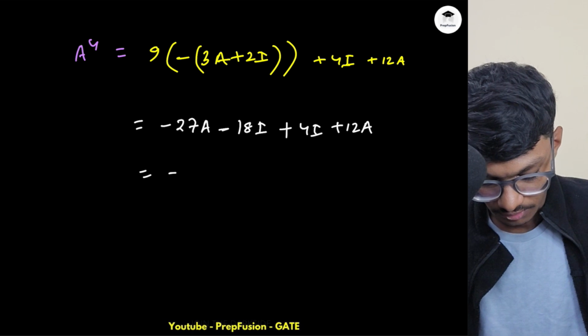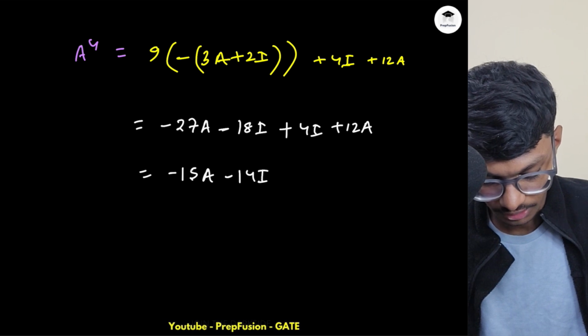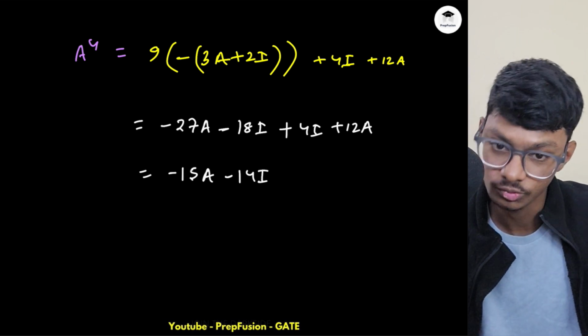So this becomes minus 15A and minus 14I. Okay, so this was my A raised to power 4.